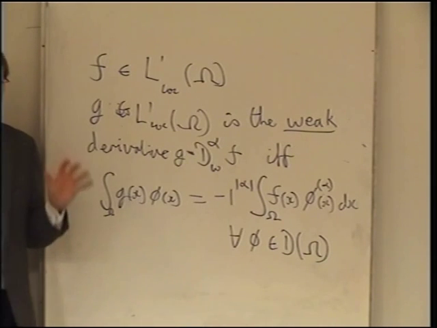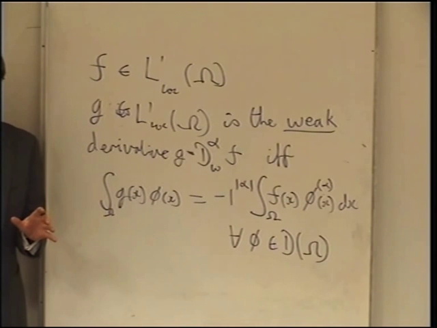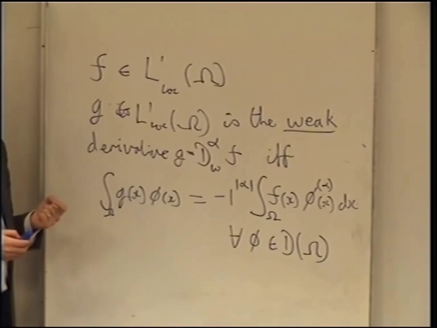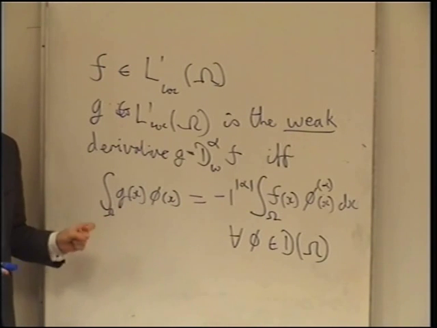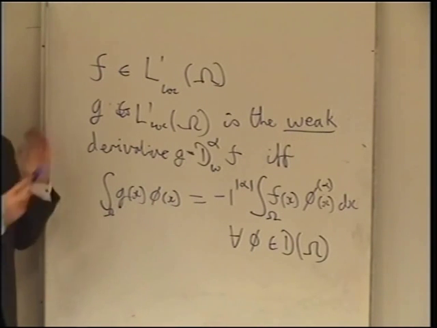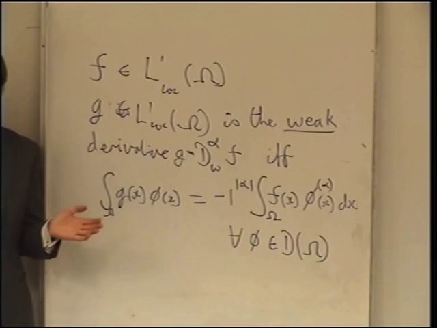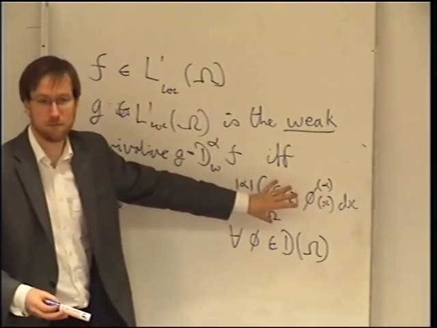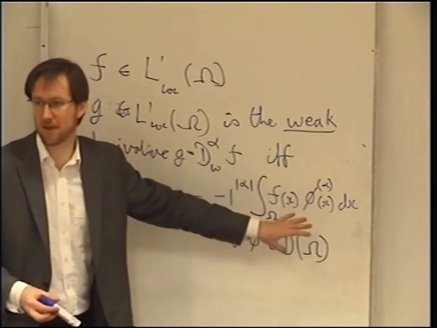So I'm interested in cases where that's not true. What I'm saying is we can still, in some sense, in a weak sense, accept g as a derivative of f if I skip over the actual integration by parts step and I just take what I would have got if I'd integrated by parts, and I still get the same thing out.